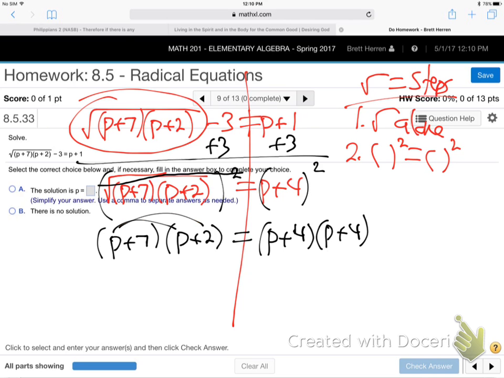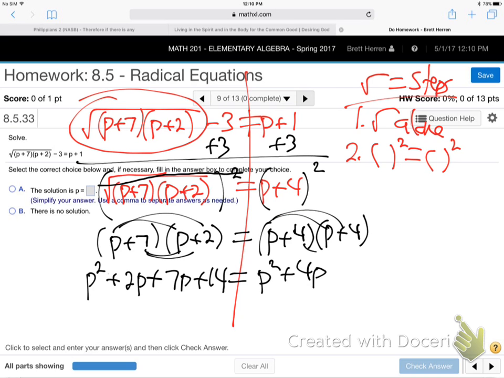And then we FOIL the left side, we get p squared plus 2p plus 7p plus 14. Other side, p squared plus 4p plus 4p plus 16.